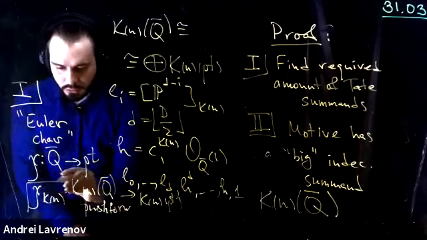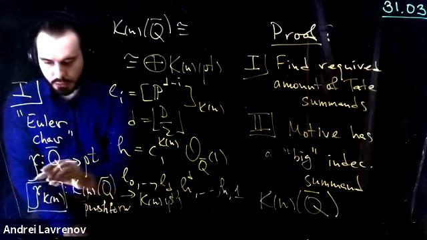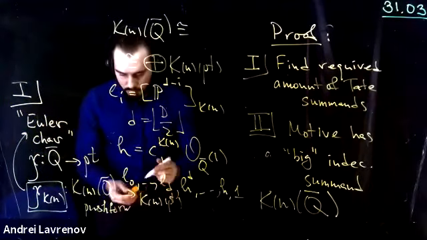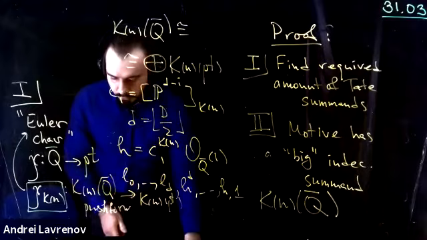So this I will call the Morava Euler characteristic, or maybe I don't know a better name for it.